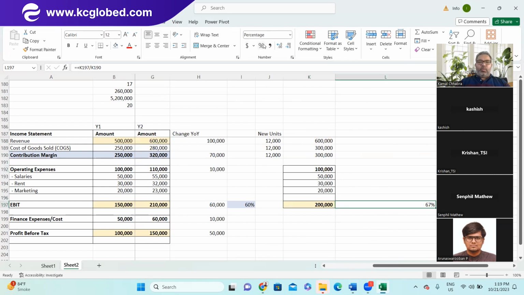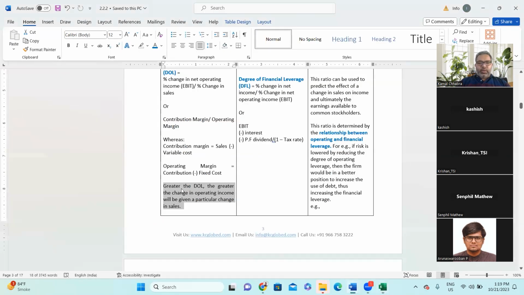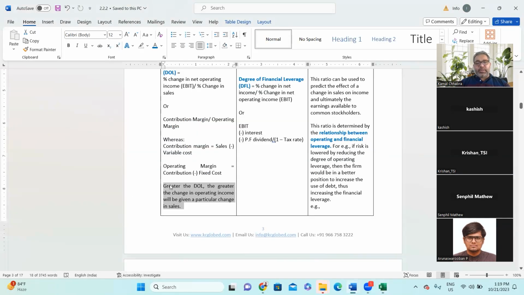Right? So if you go back here in the Word file, what it says, greater the degree of operating leverage. That means earlier operating leverage was 60%, right? Now it has increased to 67%. Yes or no? Yes, sir. It says greater the degree of operating leverage, the greater the change in operating income.